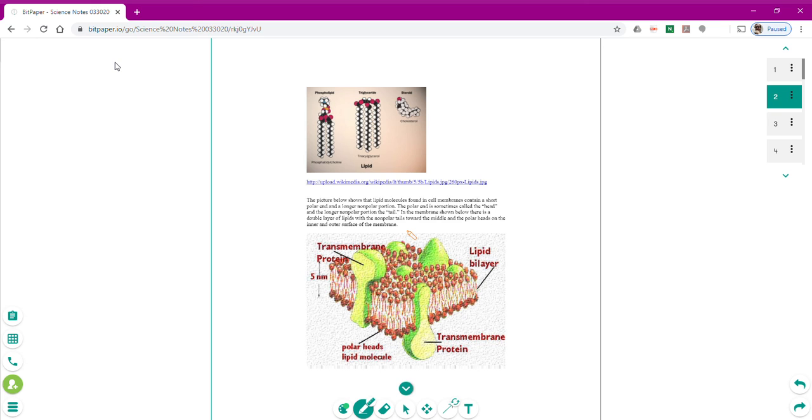It almost looks a little bit like a squid because it has a very specific head part and then the tentacles of the fatty acid chains coming off the backside. Here is the head of the squid. This is the polar part.